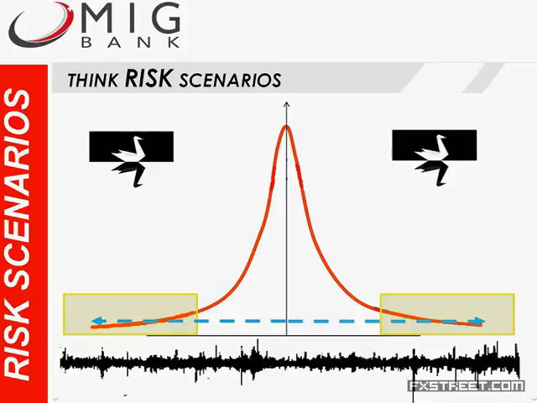Not the efficient market hypothesis, but the updated version, which is a better reflection of the markets that we trade. The reason is that the tails of this probability distribution, the long end of this red line on the left and on the right, are quite wide. And that allows for a lot of market shocks.